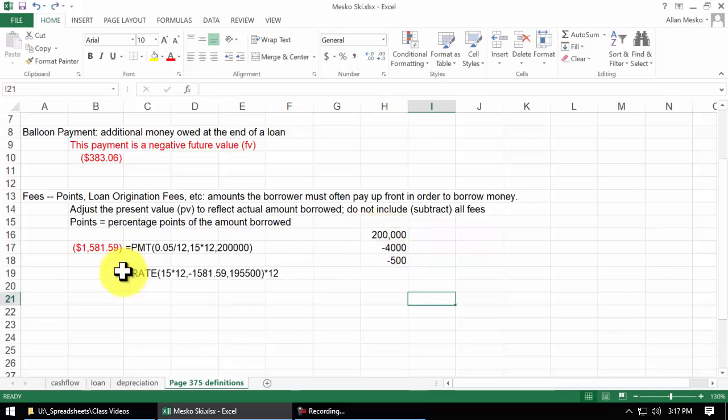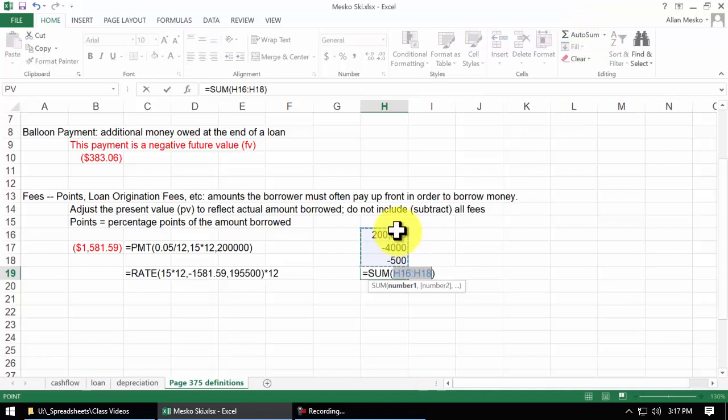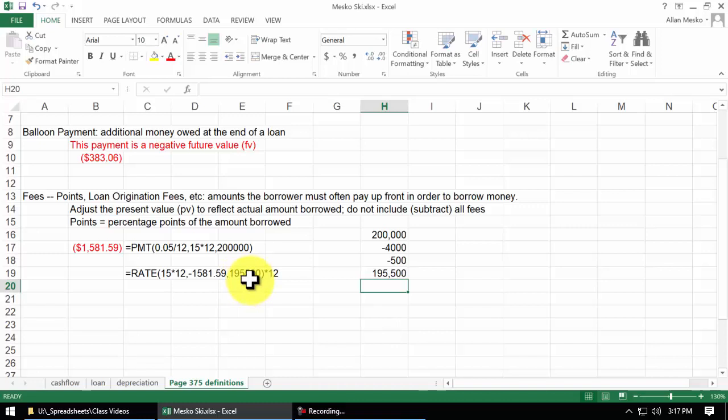To finish this example, we're saying, what's the rate that we're actually paying if we borrow $195,500? How do we get that? We take the $200,000 minus the $4,000 for the 2 points, minus the $500 for the loan origination fee. We're borrowing $195,500.